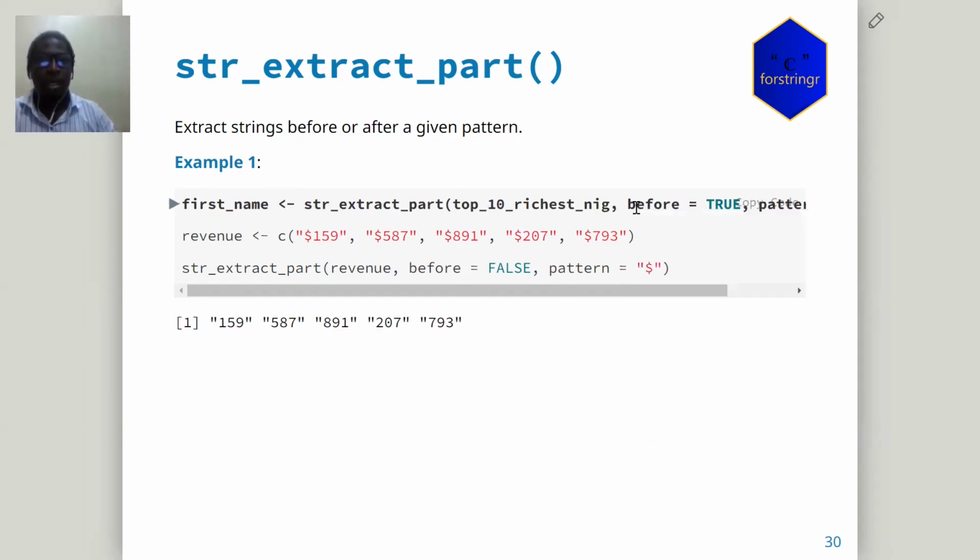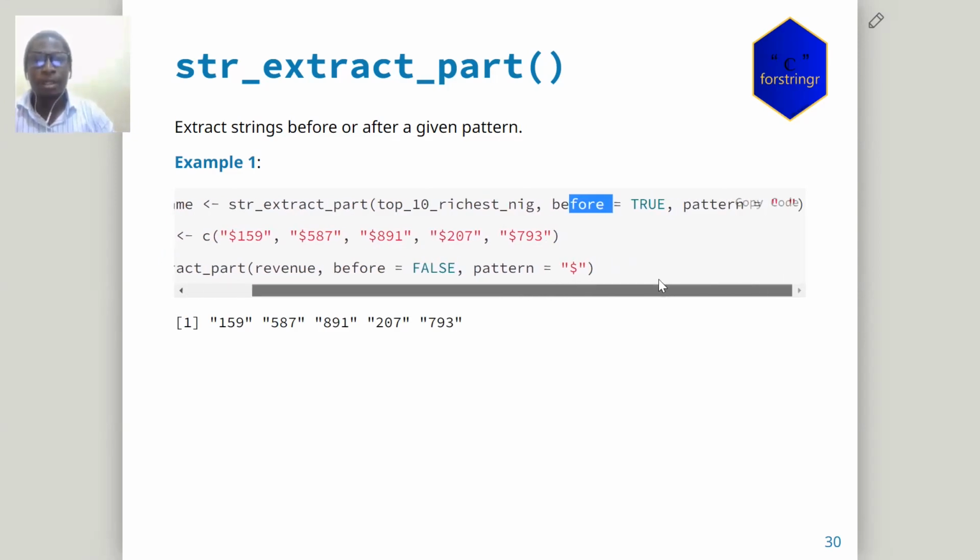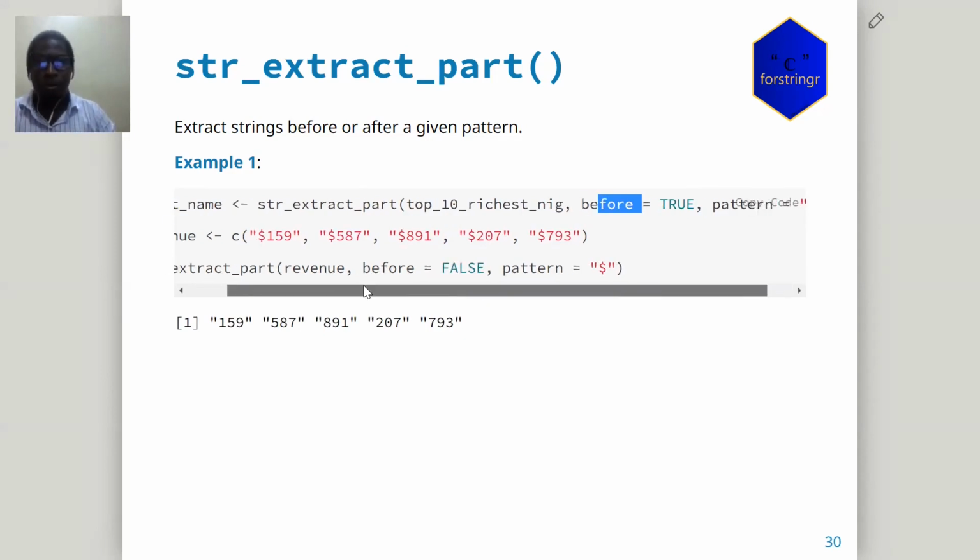If it is before the pattern, it will take all the strings before that pattern. And because this argument is a Boolean, it's either true or false. If it is false, then it will take the string after that pattern. And as you can see here, for the first name, we put before, that is, take everything before the space. And that is what we have here.